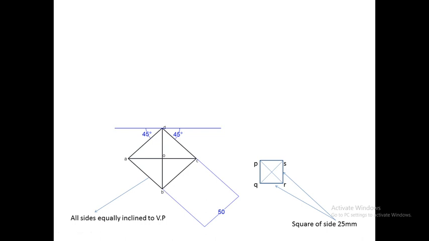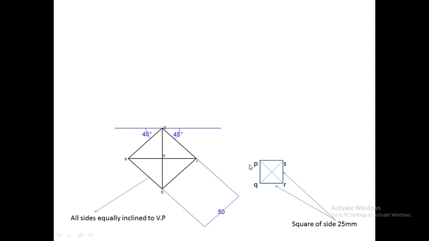In cones and cylinders we have generators, whereas in case of pyramids we have slant edges. So the lines joining the apex, that is O, with the corners of the base, that is A, B, C and D, will be called as slant edges. So OA, OB, OC and OD are slant edges of the square pyramid in the top view.